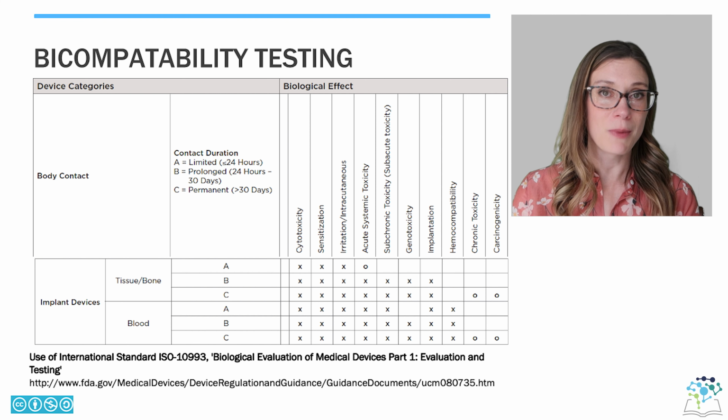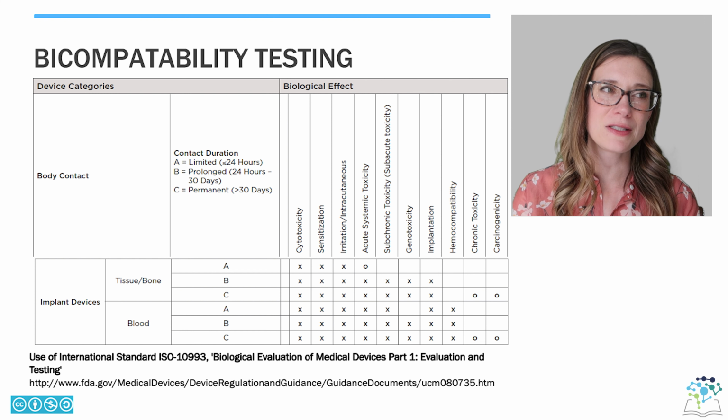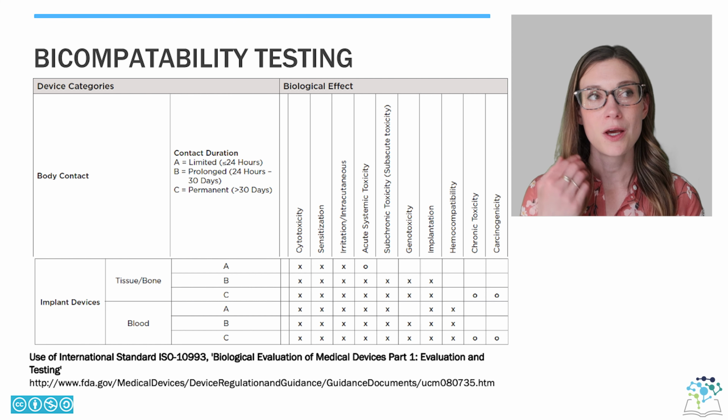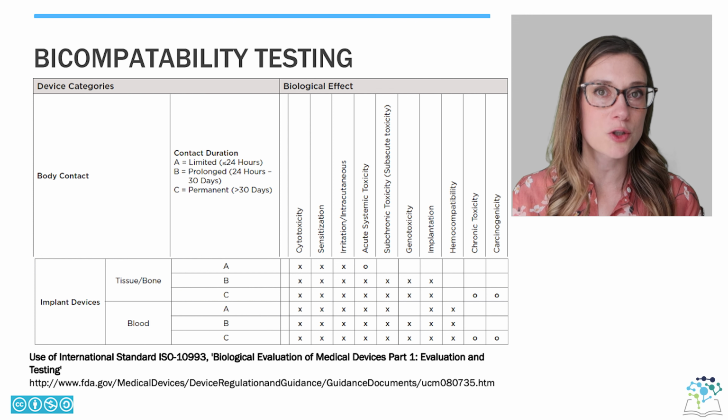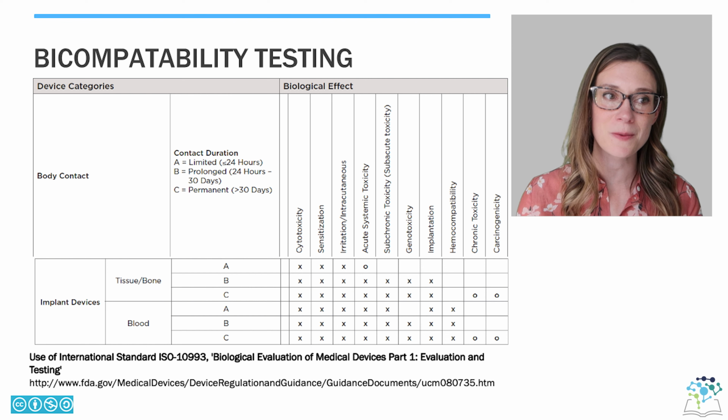The animal models that are conducted for these studies are typically fairly well described in this standard. So for your basic biocompatibility studies, you likely won't have too many choices to make about the type of animal models in which you'll be conducting these studies.